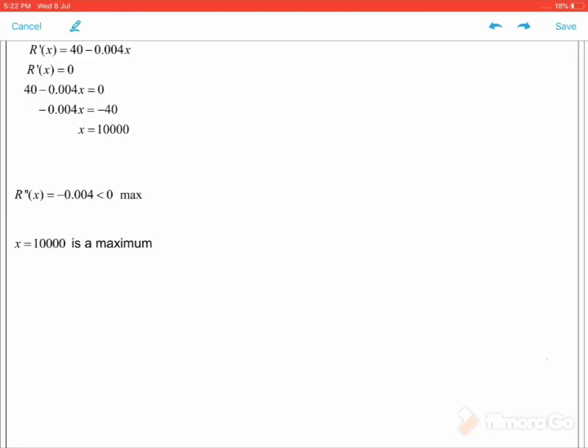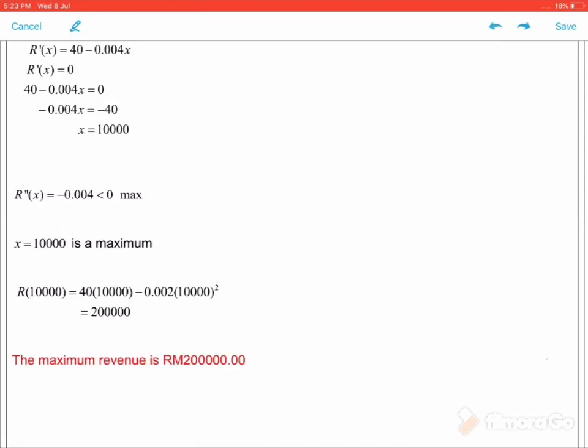After that, you just substitute the 10,000 into your revenue function to get the maximum revenue, which is 200,000. So at last we can draw a conclusion that the maximum revenue is RM 200,000 and the number of computer chips is 10,000 units.